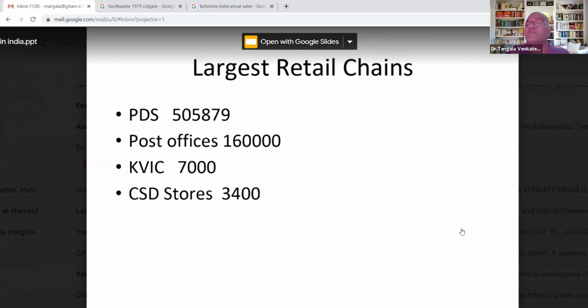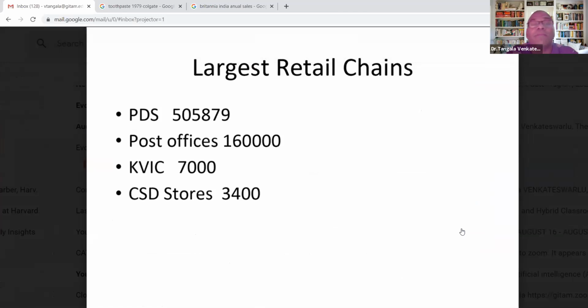Post offices are 1,60,000 in number. All of you know what KVICs are? Khadi Village Industries Corporation. All of you have seen APCOP, Andhra Pradesh Cooperative Stores. Similarly, different weavers form cooperative societies and open outlets.